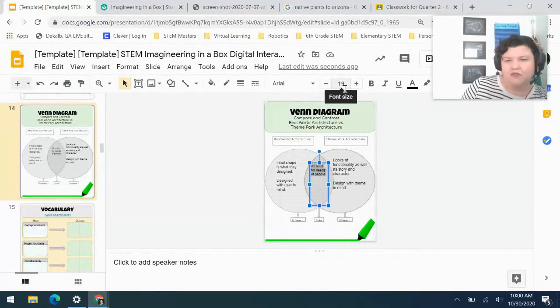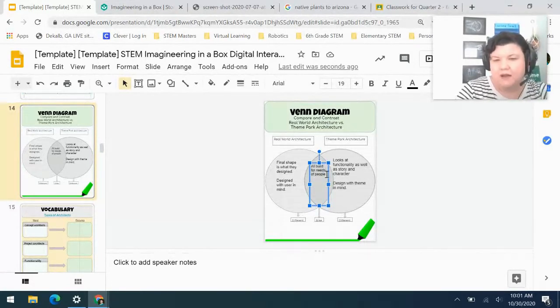You've got to make it comfortable, so that it works with your family and your needs inside that house. So the real world architects and the theme park architects all work for people's needs.